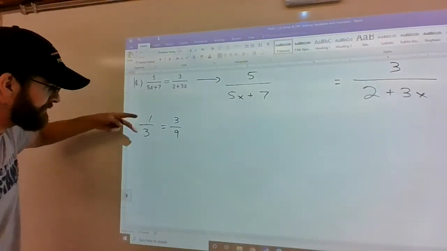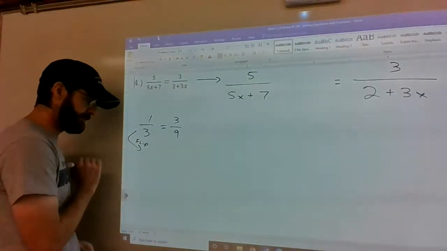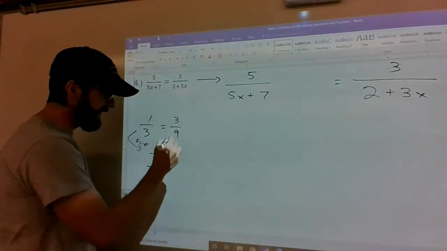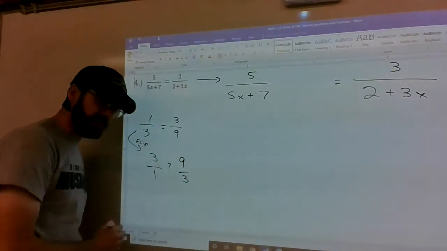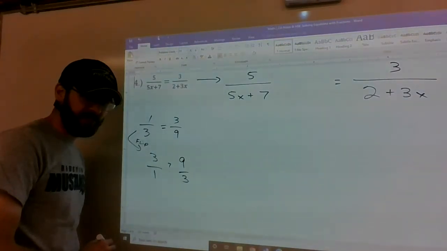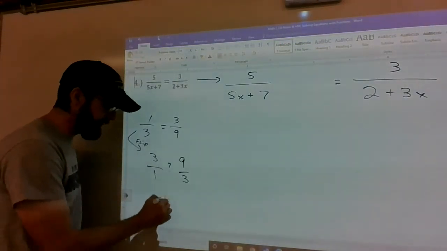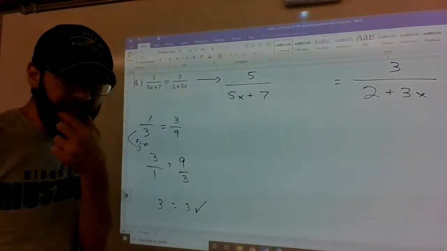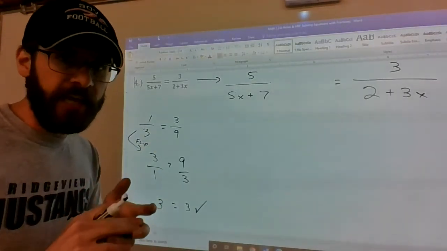So I flip the left-hand side, and I get 3/1. Flip the right-hand side, 9/3. Do they still equal each other? Yeah, 3/1 is 3. 9/3 is 3. It checks out. What ends up happening is you actually can manipulate the fractions if you want to.